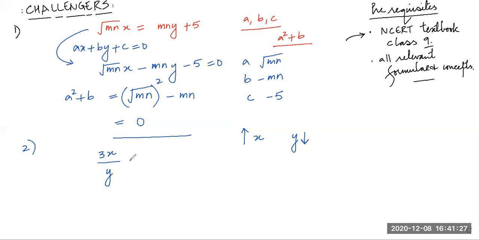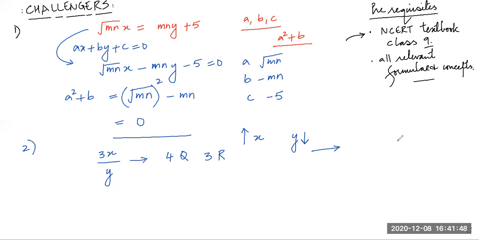It gives 4 as quotient and 3 as remainder. Now guys, this statement has to be expressed in terms of linear equations in two variables. This is very easy, but the only thing is the statement is twisted.